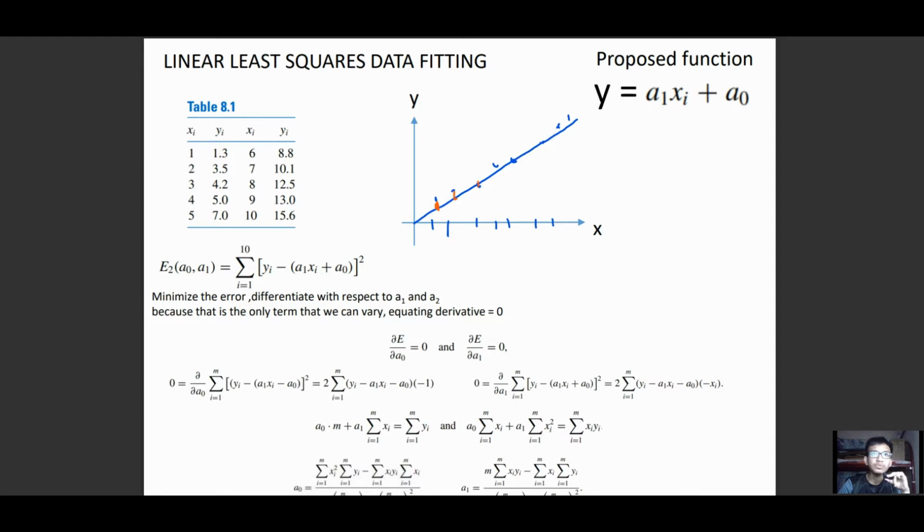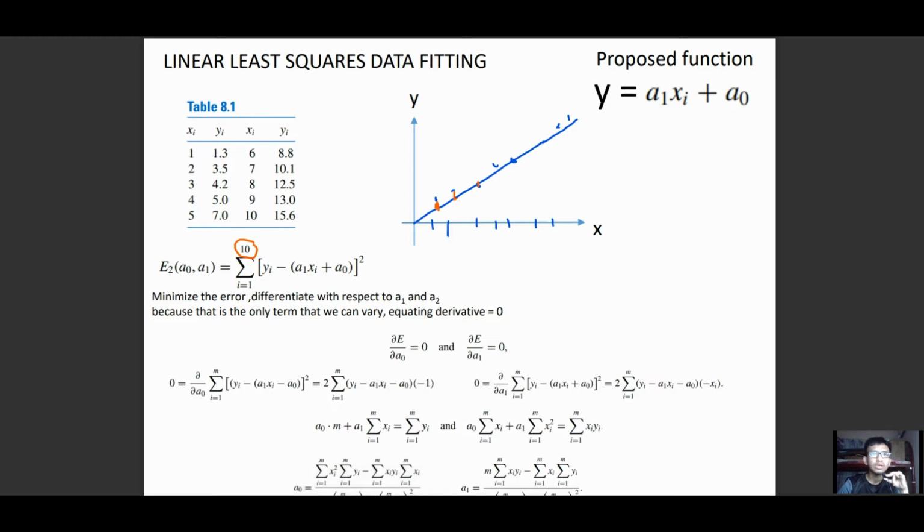And also for each point, what is the difference between the polynomial of degree 1 and the data provided? So this is what it means. Since we have 10 data points, here we sum until 10.